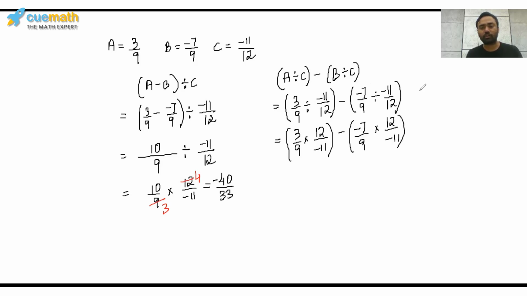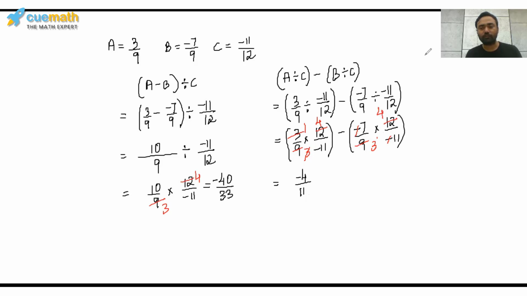Now let's reduce the common factors. So 3 ones are, 3 threes are, 3 fours are. So from the first bracket, we are going to get 4 over negative 11, but let us write it in the standard form as negative 4 over 11. From the second bracket, if we reduce the common factors, negative gone, 3 threes are, and then 3 fours are.